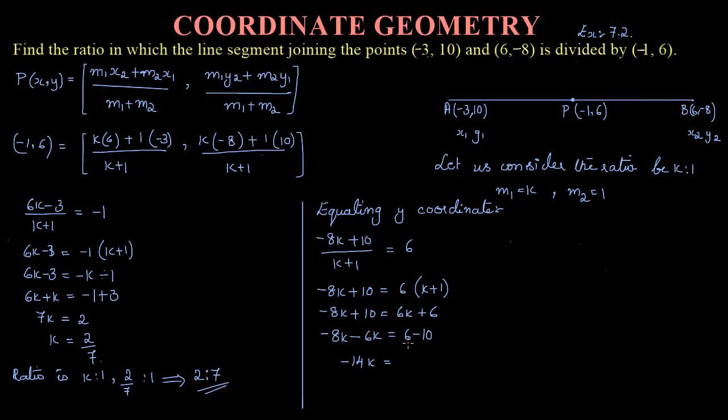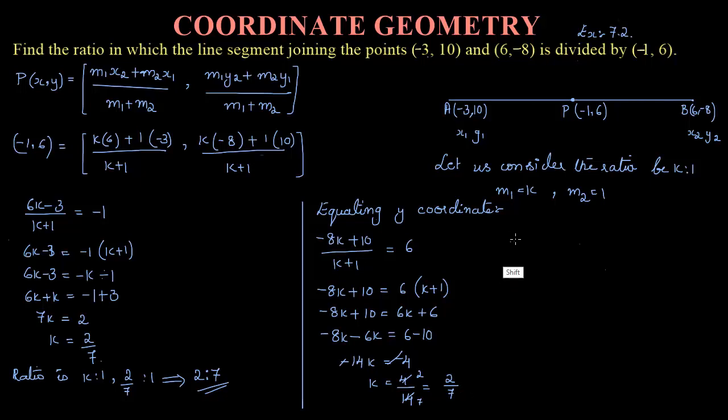So one is negative, one is positive. What are you going to do? You need to subtract and write the bigger number's sign. Both sides you have minus, so you can cancel that off. So k equals this 4 divided by this 14, right? You can observe here that both numerator and denominator can be cancelled with 2 table. So 2 2s are 4 and 2 7s are 14. You need to simplify it as much as you can.